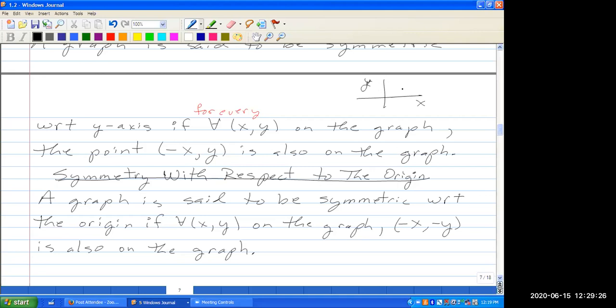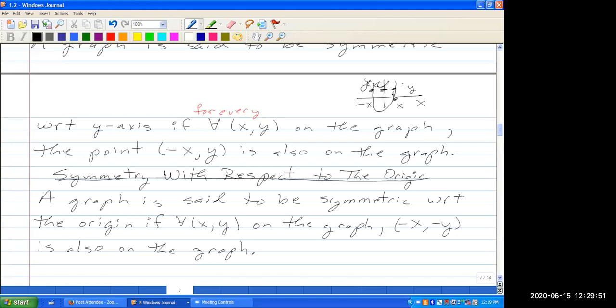if, let's say like this, you have here a y value, then there's an x and a corresponding negative x on the other side.